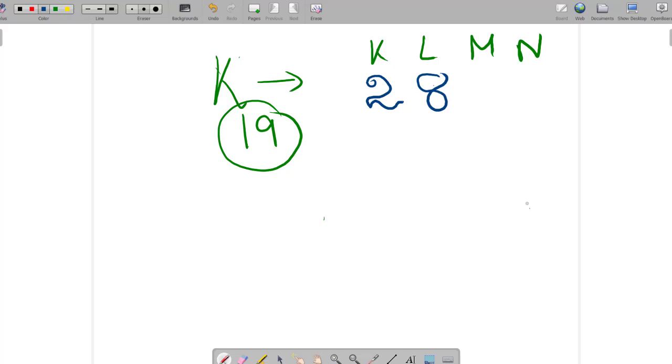Now, this is the way we are going to write this. Maybe you have a problem. What is that? At the beginning I told you the M main shell can bear up to how many electrons? 18 electrons. The maximum number of electrons that the M shell can bear is 18.